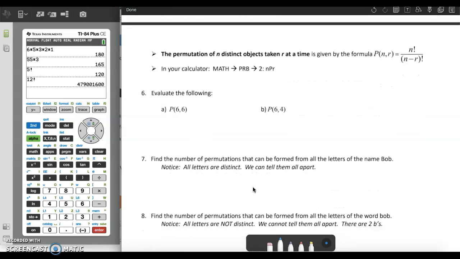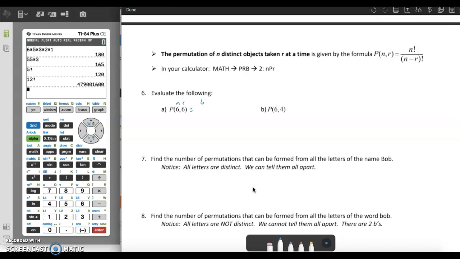Okay, so just to see how these work, if I want to permute 6 objects 6 at a time, this is actually back to that first definition. We know this should end up being 6 factorial based on our first set of notes. But let's see how it works with this formula. So both n and r in this case happen to be 6.